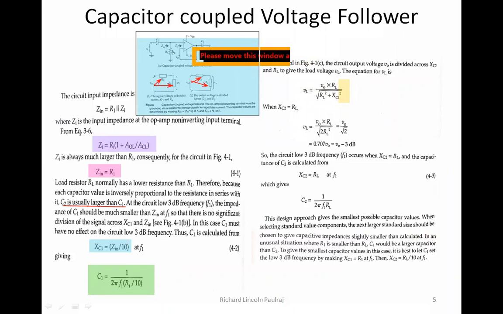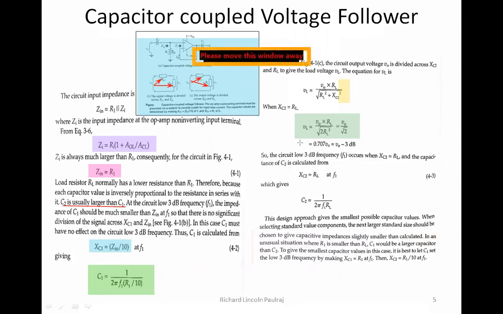RL will be put in place of XC2. So RL square plus RL square gives me 2RL square, and in the numerator and denominator RL gets cancelled. I'm left with root 2. So 1 by root 2 is nothing but 0.707 times V naught. We can also term it as V naught minus 3 dB.